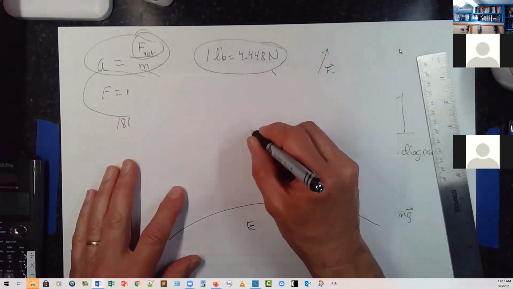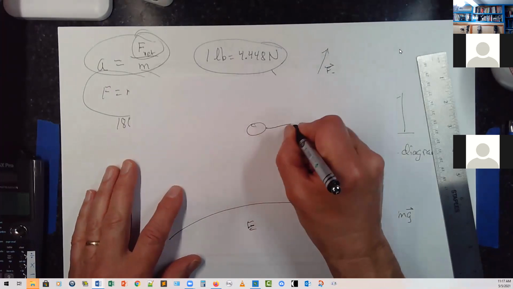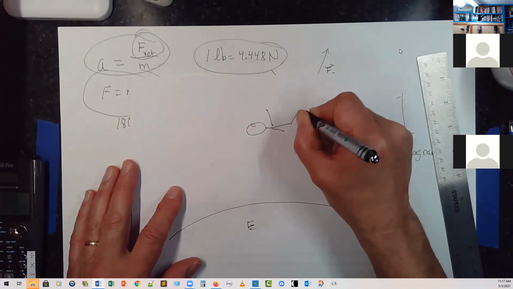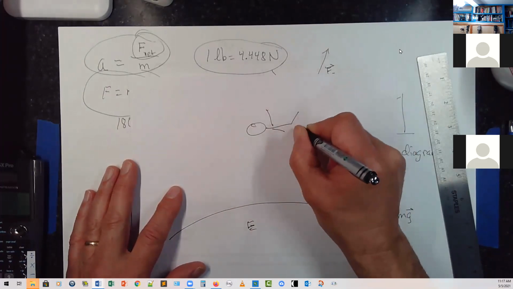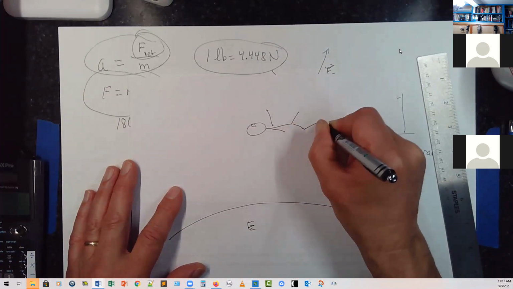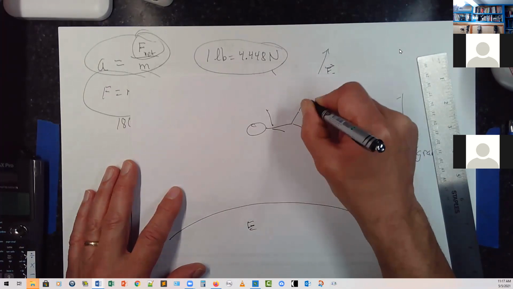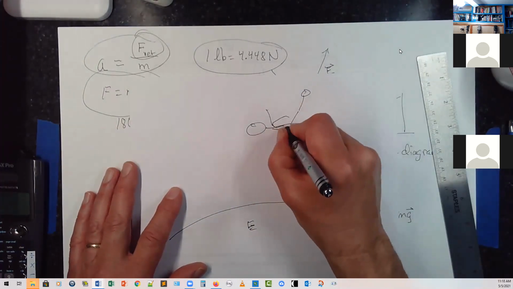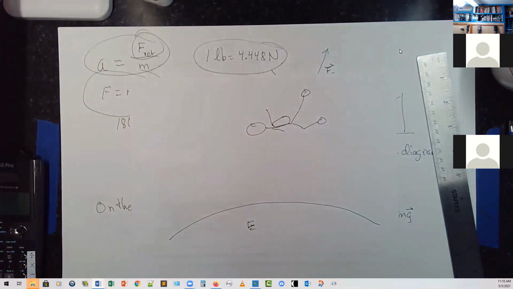And so this person, they've got their arms spread out, and let's see, I guess their legs will kind of look like that. I can't draw worth beans. And we better give them a parachute just for the heck of it. So there's their parachute.